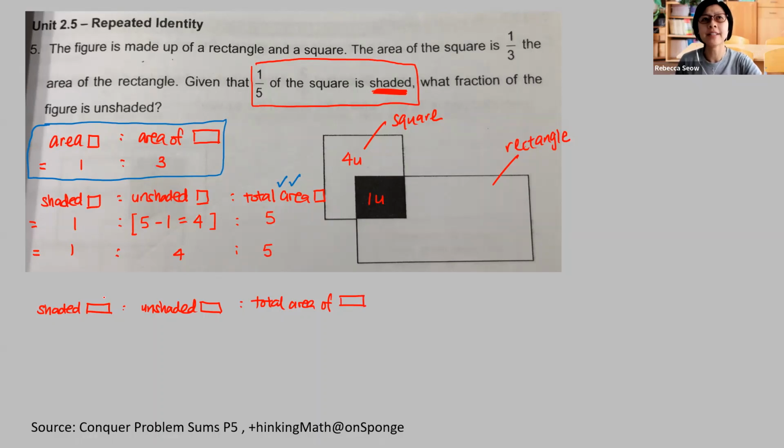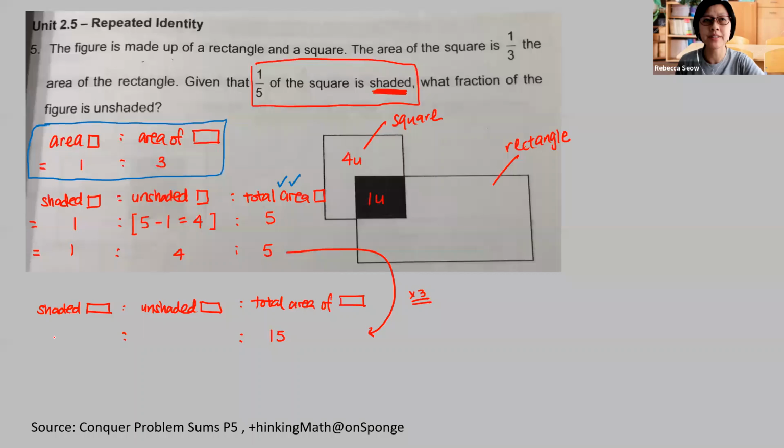Now, if the area of the square to the area of the rectangle is 1 to 3, therefore we can actually work out the total area of the rectangle by taking 5 multiplied by 3, yeah, because of the initial ratio between two areas. So we get 15 units for the total area of the rectangle.